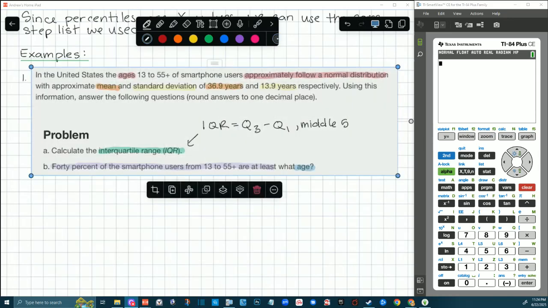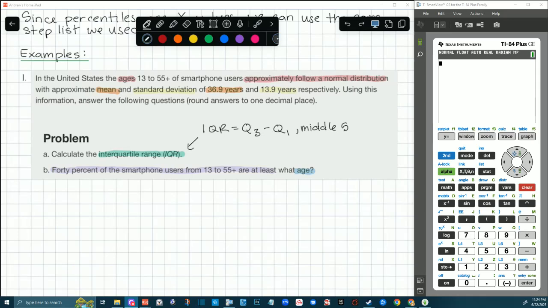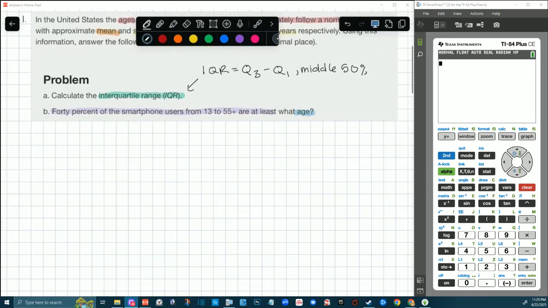So I can find the quartiles separately, or I can find the middle 50%. Either way, I'm going to get the same answer. I'm going to find those quartiles separately because ultimately to find the middle 50%, I have to find those two boundaries separately anyway. So for A, let's go ahead and start with our picture.